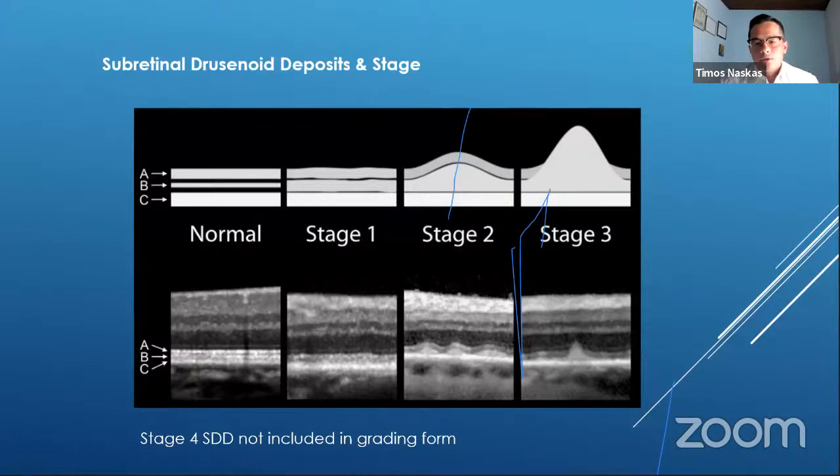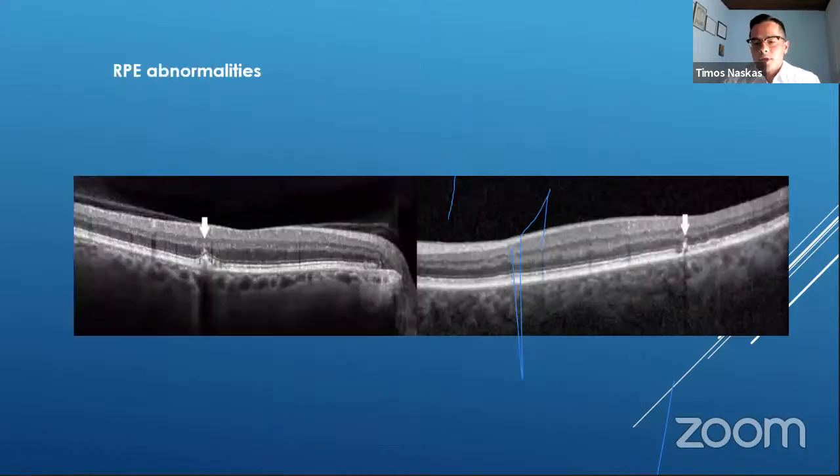The next thing we took into consideration was what I termed RPE abnormalities. I remember grading my images and finding material there, mostly at the level of the RPE, which I could not attribute to drusen. I could not attribute it to subretinal drusenoid deposits, but it was clearly something going wrong that was disrupting the continuity and the normality of the RPE layer.